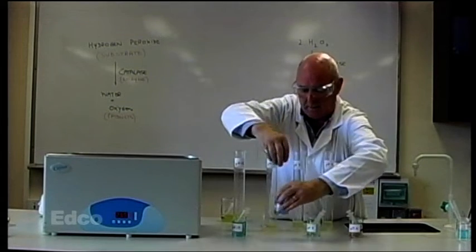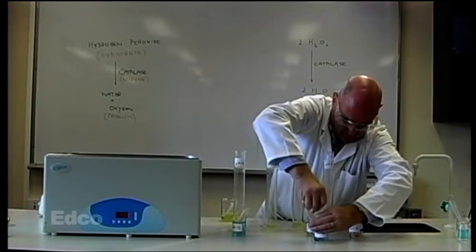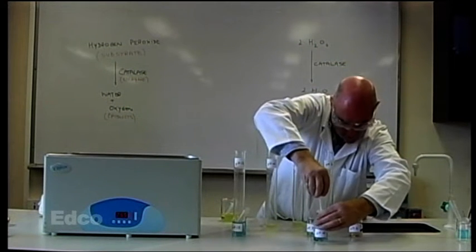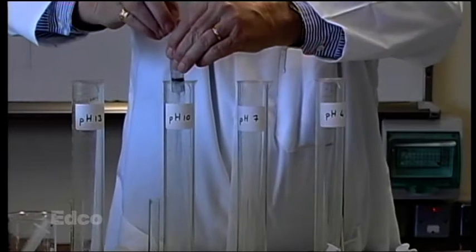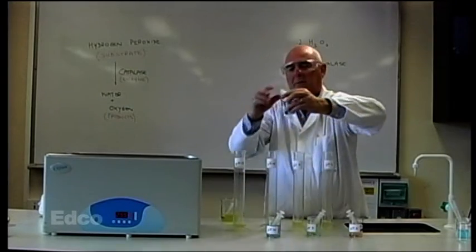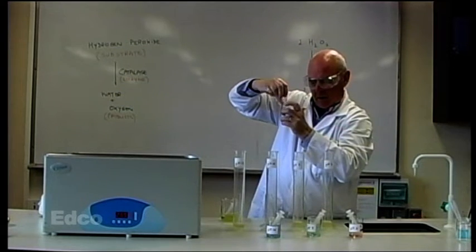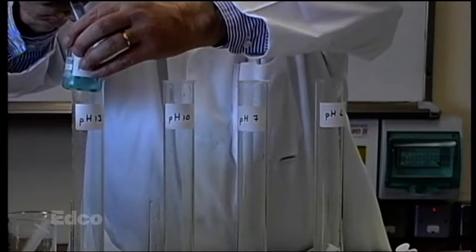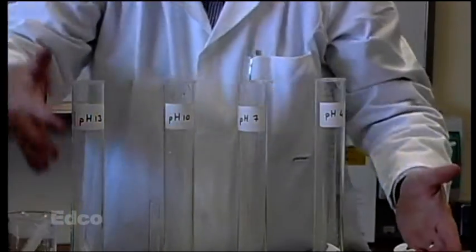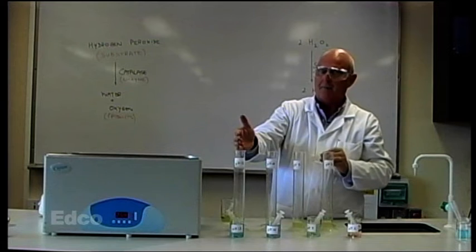And 10 cubic centimeters of pH buffer 10. And finally, 10 cubic centimeters of pH buffer 13. Now, the pH buffers guarantee us a pH of 4, 7, 10, and 13.